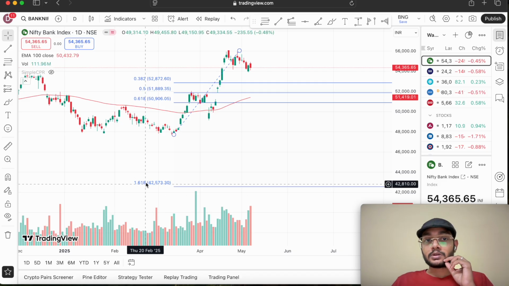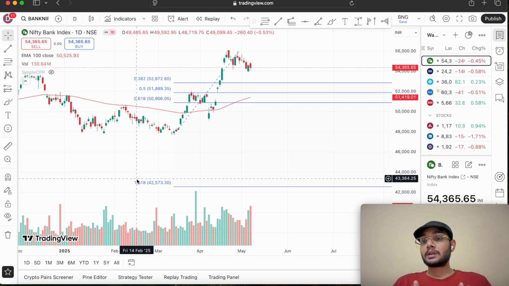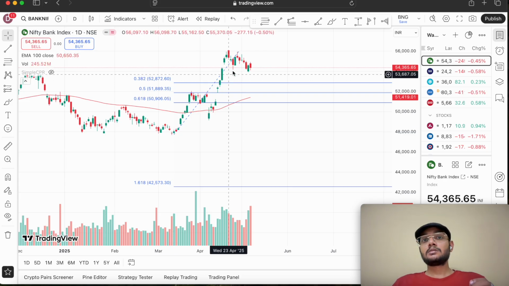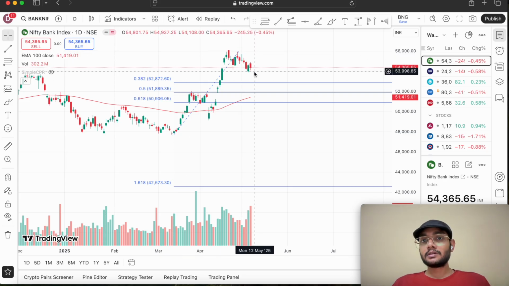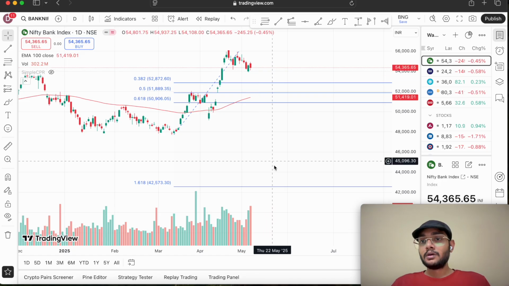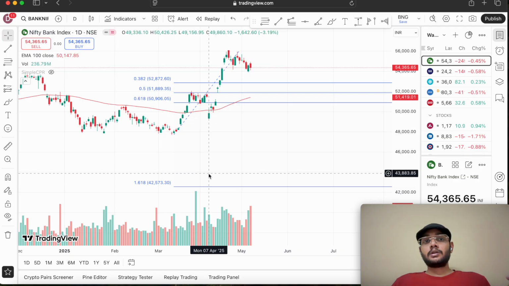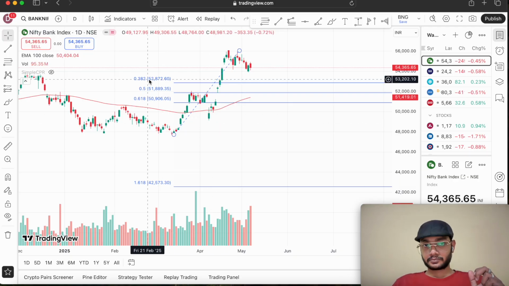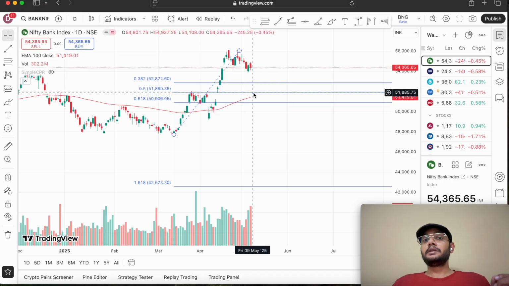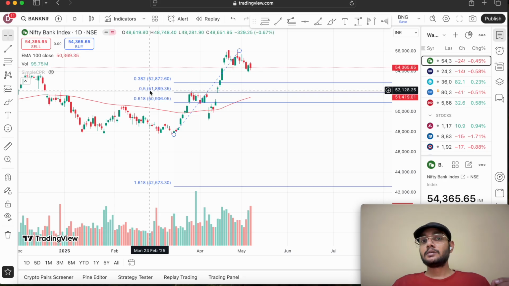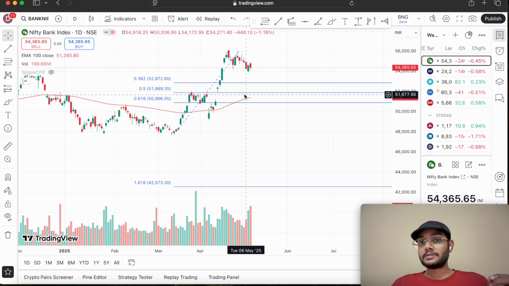And finally, 1.618 is the maximum the market can move in a particular direction. So based on this, I can say that the market can fall maximum till the 42,573 level, but it can definitely touch the 52,872 level, and it can also retrace back from the 51,889 level, or between these levels, not exactly at this level.